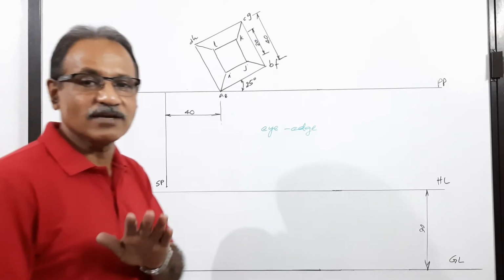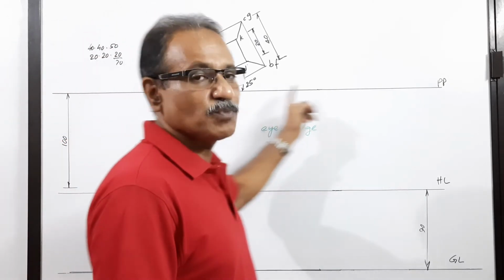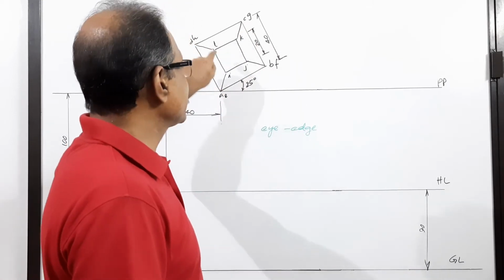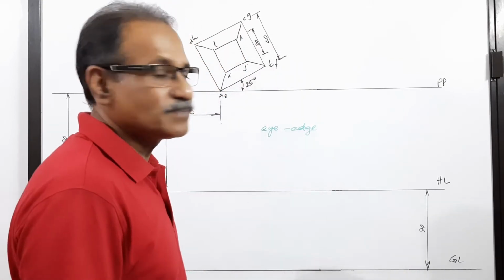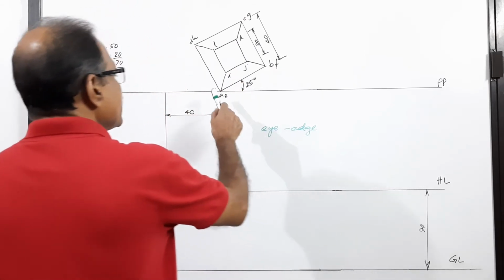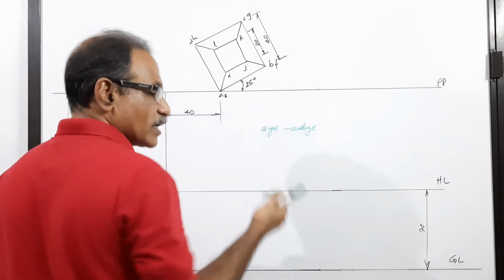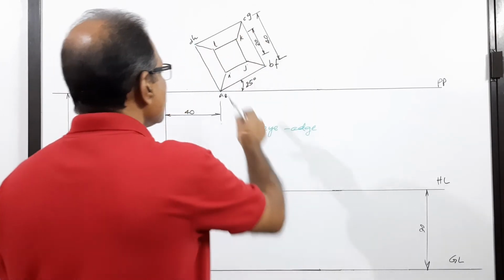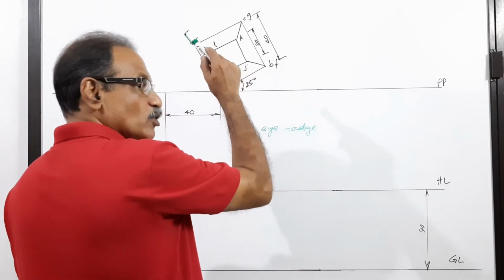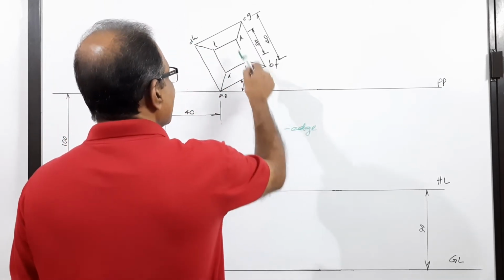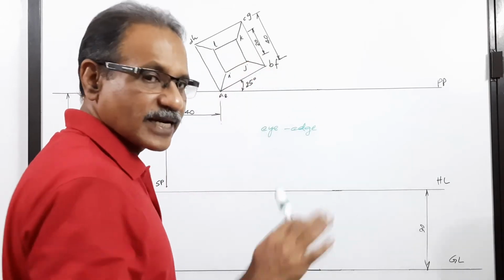I repeat the whole thing once again. Draw PP. What is PP? Picture plane. Draw a square 40 mm side. Inside, centrally draw a square 20 mm side, so that this angle is 25 degrees. Name the corners of the bottom A, B, C, D, corners of the top E, F, G, H, and corners of the topmost 20 mm side square I, J, K, L. Agreed?